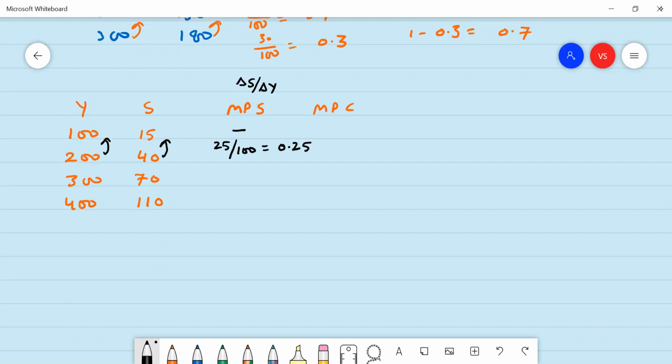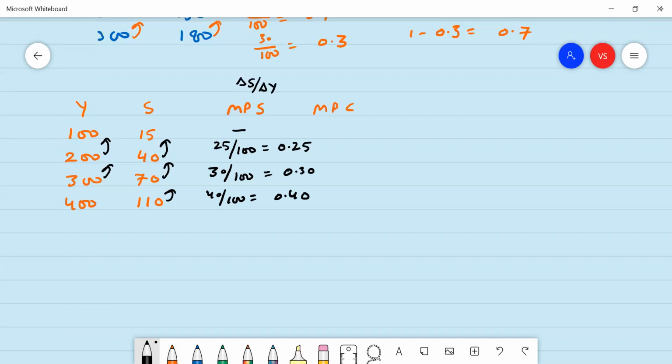Likewise, now the difference of these two, 40 to 70, is 30, divided by again 100 because of this difference, so it is 0.30. And now the difference of these two is 40 upon 100, it's 0.40. So this is the MPS.